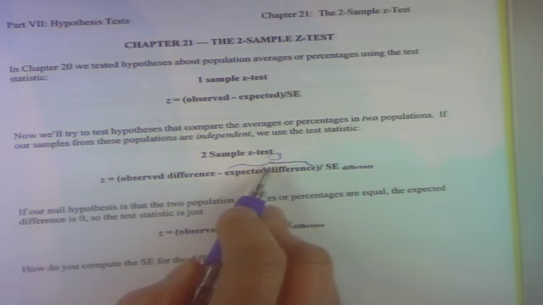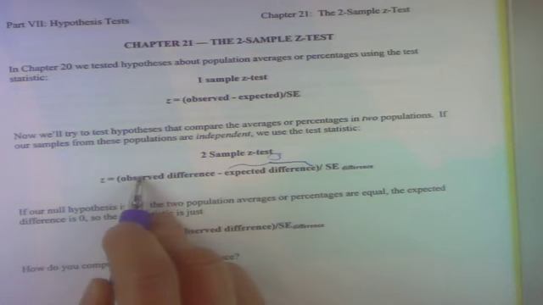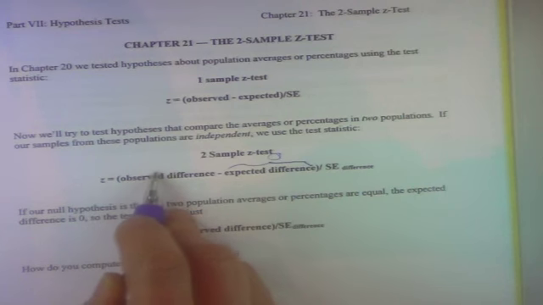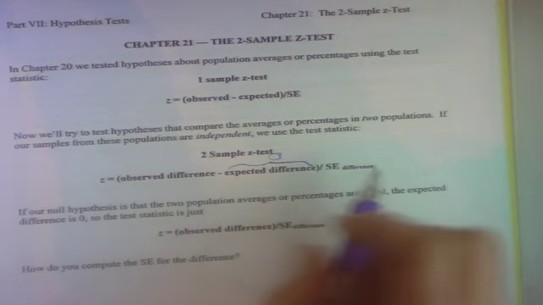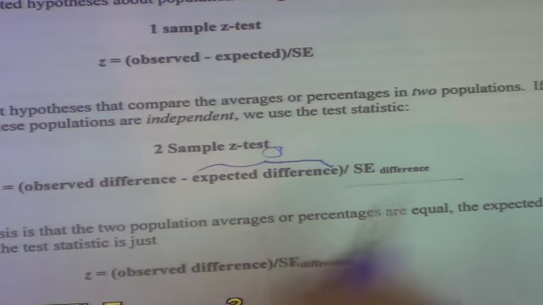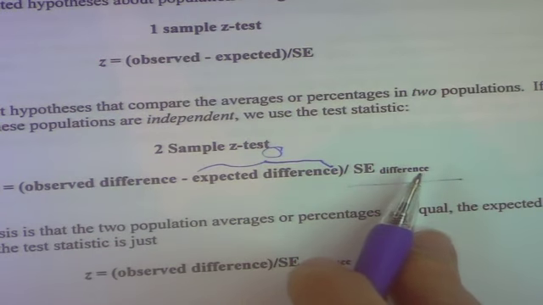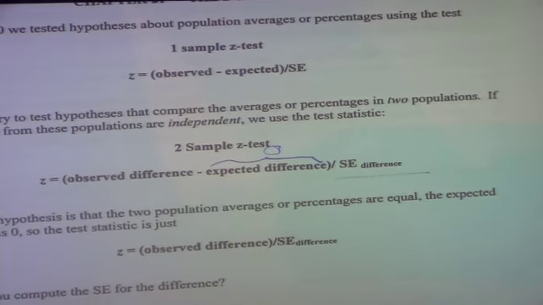We believe they're really equal, but in our sample we see some difference, and we think that's just due to chance variation. So the expected difference is always 0. And then we have to figure out a standard error for the difference. It takes into account the variability coming from both the men and the women.